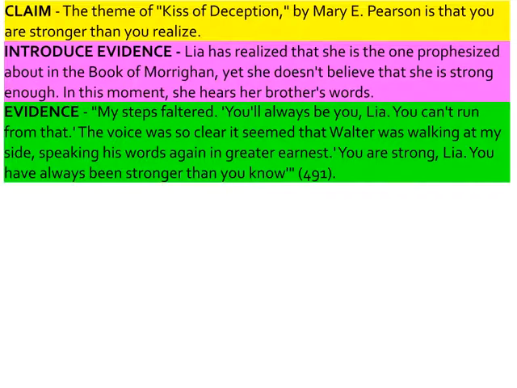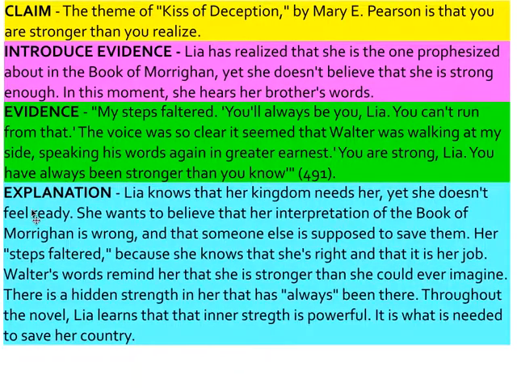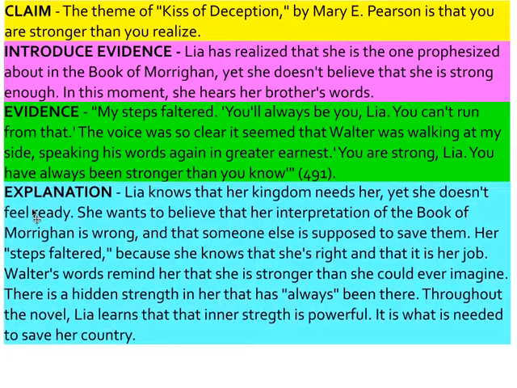So now I need my explanation. Remember, my explanation was where I'm going to really explain my evidence in my own words and how it supports my claim. So I'm going to start by restating my evidence in a new way, or in my own words. Leah knows that her kingdom needs her, yet she doesn't feel ready. She wants to believe that her interpretation of the Book of Morgan is wrong and that someone else is supposed to save them. Her steps faltered, right?